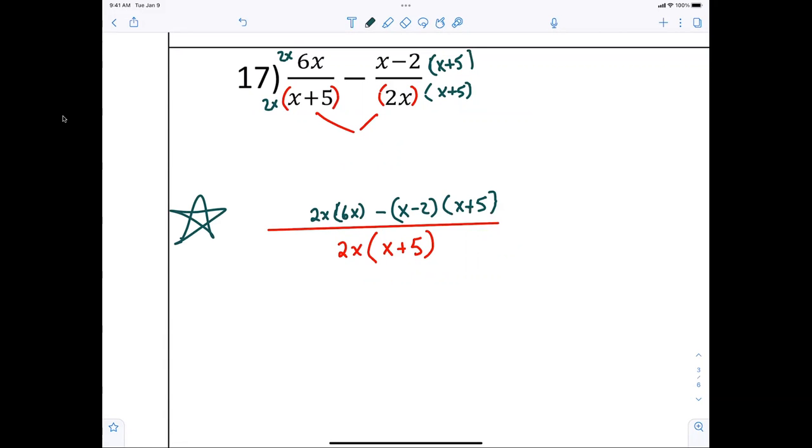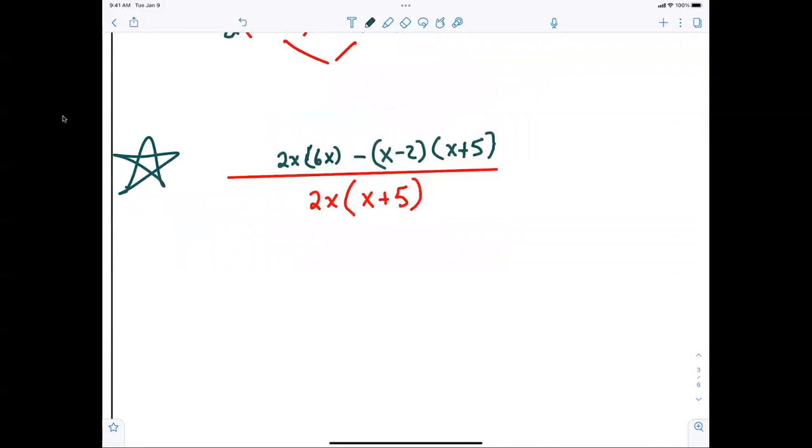Now, in a minute, I'm going to say we need to multiply these two things out. And some of you are going to say, well, a few minutes ago, you told me not to multiply them out. That's why I sometimes hesitate when I answer your question, because there isn't always an absolute. All right, I need to simplify the numerator. If I need to simplify the numerator, do I need to multiply these things out?